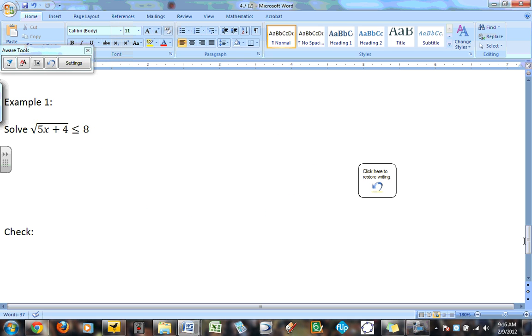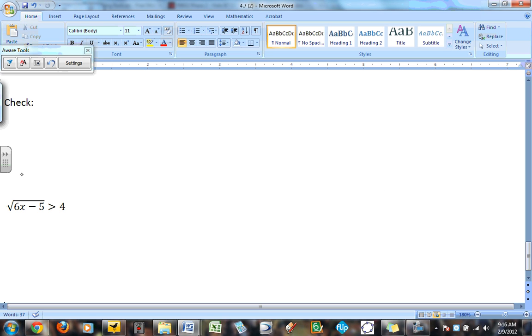I have one more problem for you. That is the square root of 6x minus 5 is greater than 4. So again, we're going to do two cases. Let's first of all work it out just like it's normal. So we're going to square both sides. So I'll get 6x, my bad, 6x minus 5 has to be greater than 16.